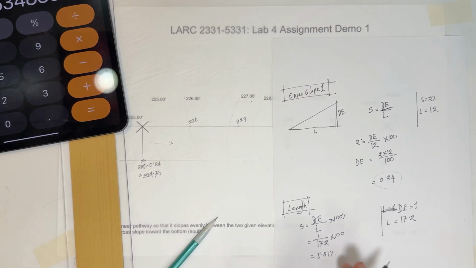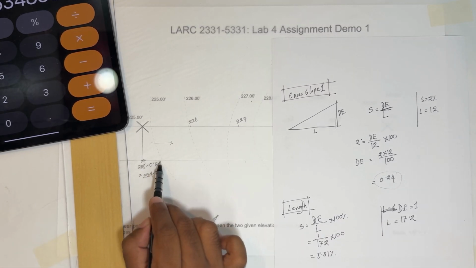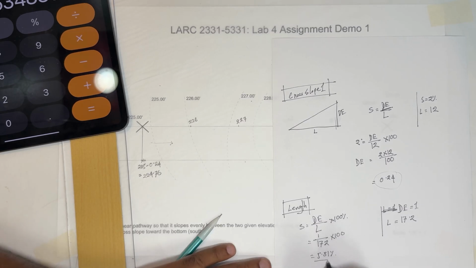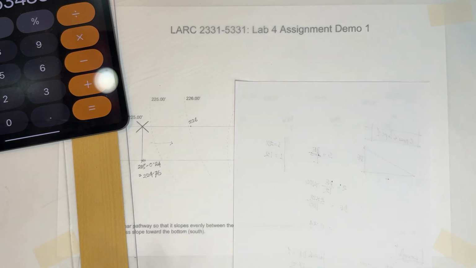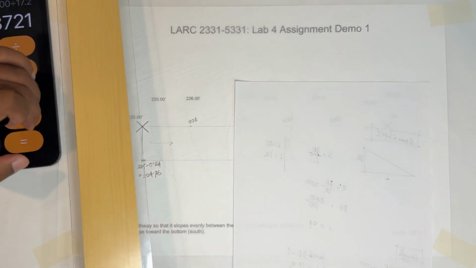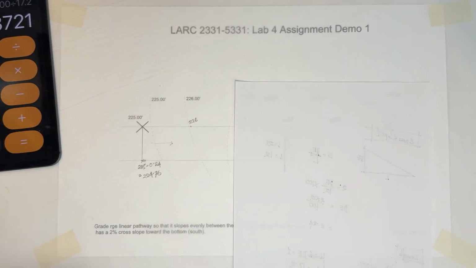Awesome. Now we have to calculate the 225 with this slope. I'll get rid of my scale now.